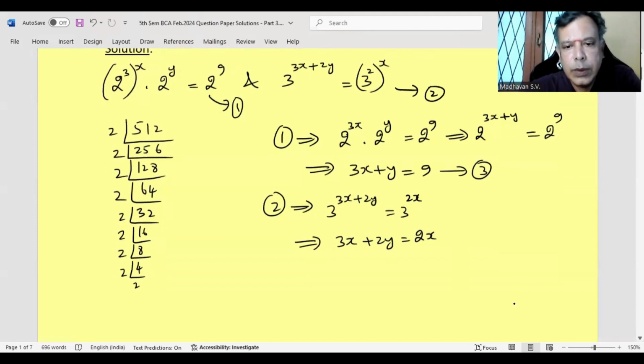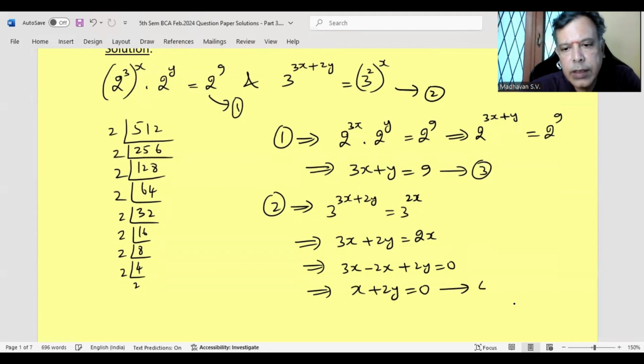So now we can bring this 2x this side. So 3x minus 2x plus 2y equal to 0, which becomes x plus 2y equal to 0. Let us call this as equation 4.